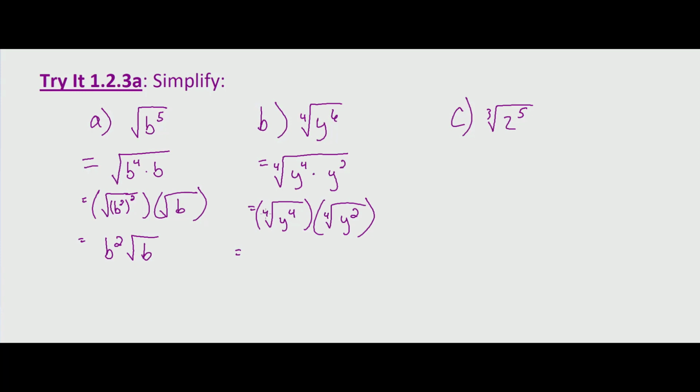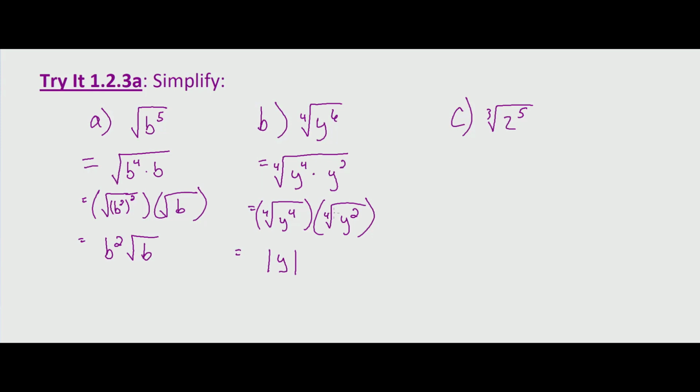Now in this case we have even root, even exponent, and it's not left with any even exponent when we simplify. This isn't like where we had b squared squared. We're taking the fourth root, so this is the fourth root of y to the fourth, even root, even power. We need our absolute value.